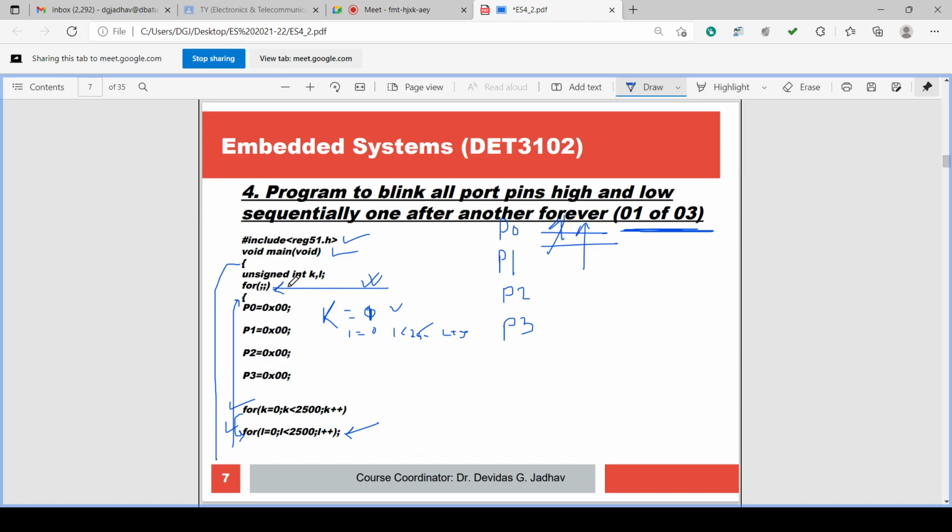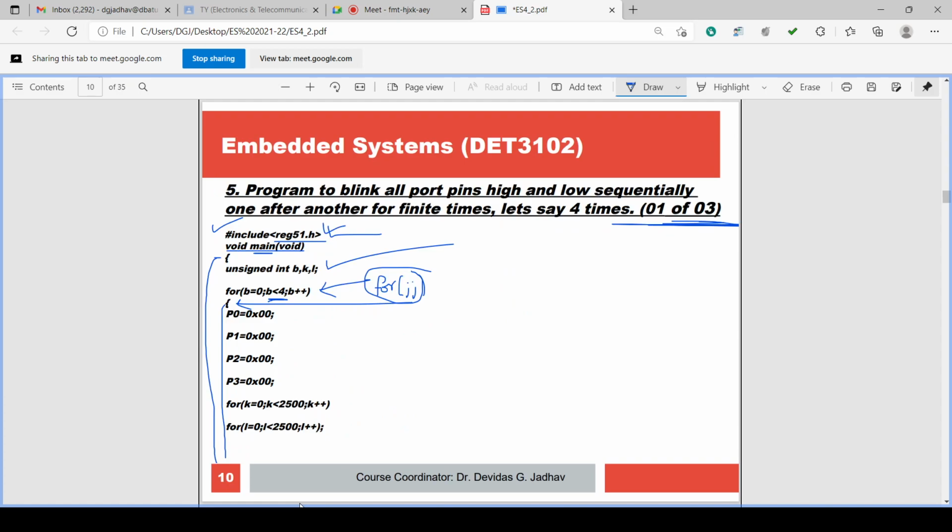The remaining program was the same. Here it is a finite block. It is not semicolon semicolon. It is finite: for b equal to 0, b less than 4, b plus plus. It will execute this block 4 times.